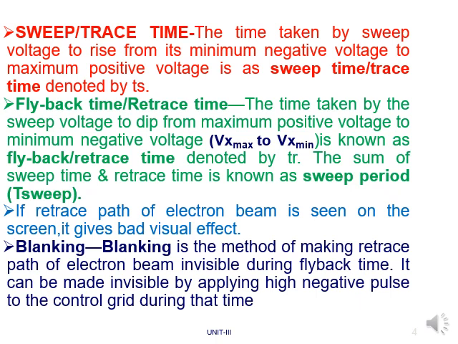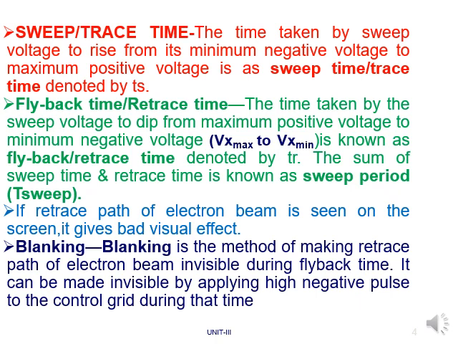So what is blanking? Blanking is the method of making the retrace path of the electron beam invisible during flyback time. Flyback time is the time from Vx maximum to Vx minimum. So it is made invisible by applying a high negative pulse to the control grid during that time.